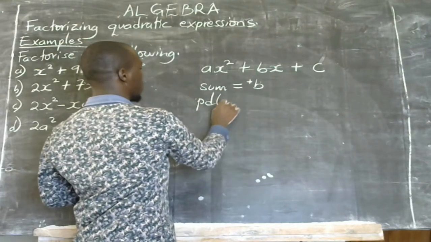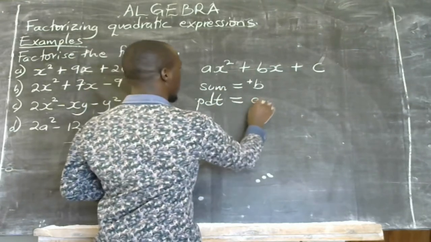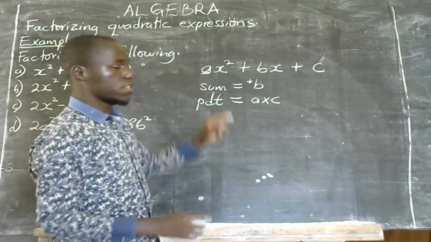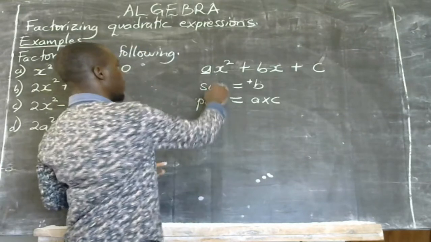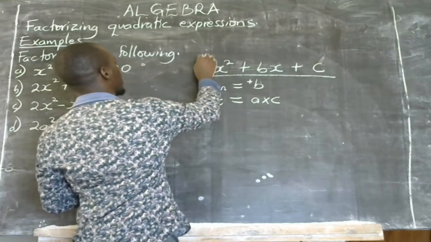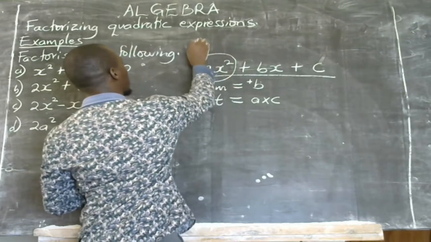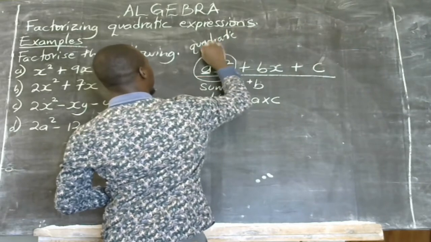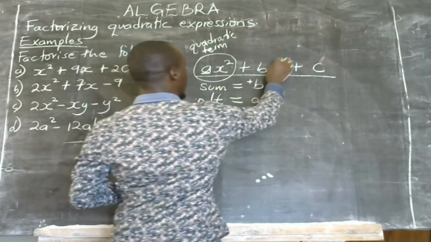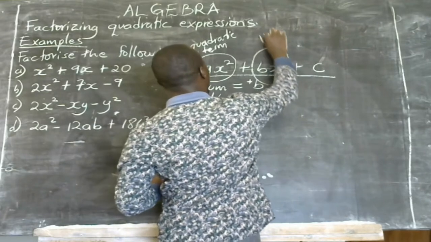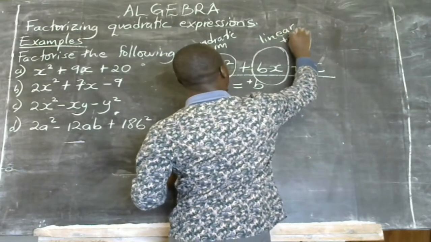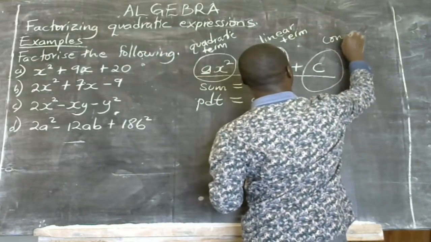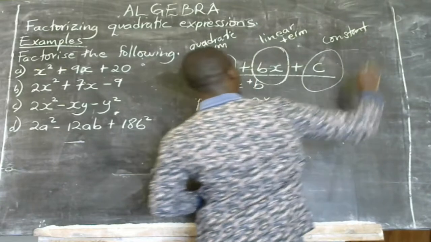Then we shall take the product as the a times the c, because there is some coefficient of the variable x there. This expression here has this part here, which we call the quadratic term. Then we have this part here, which we can call the linear term. Then this part here, we can call it the constant term.